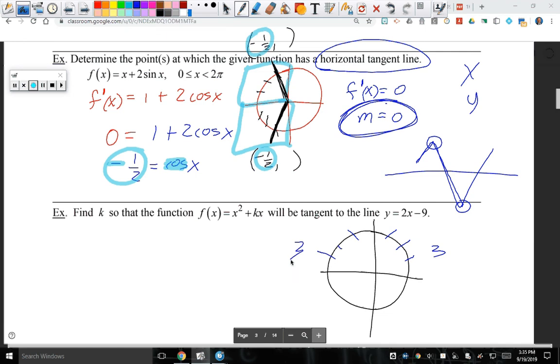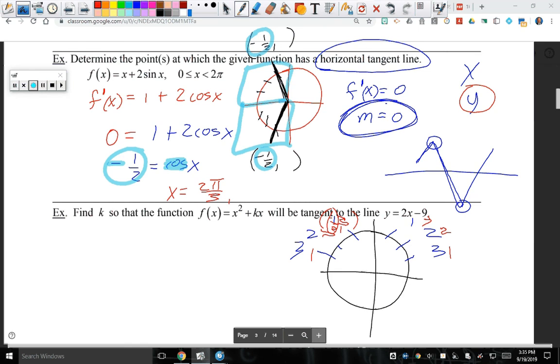That's 3 for the x, 2 for the x, 1 for the x. And then going back down with the y's, 3, 2, 1, all over 2, square root the top, and put the signs where they go. And with that, you see that this would be a negative 1/2 as a point at 2 pi over 3.